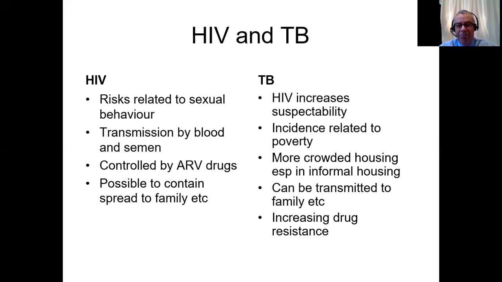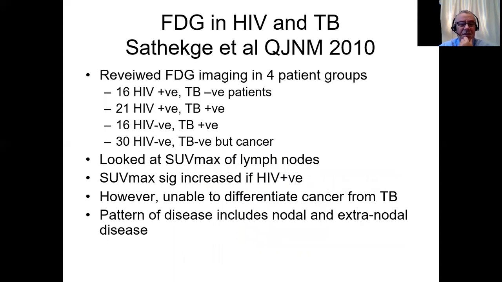Whilst with TB, HIV increases the susceptibility of the patient to TB. Also, there is no doubt that the incidence is related to poverty because poor people have to live in more crowded housing and often in informal housing. And it can be transmitted not just to the family, but to people who live around, and is a problem particularly in South Africa because of increasing drug resistance.